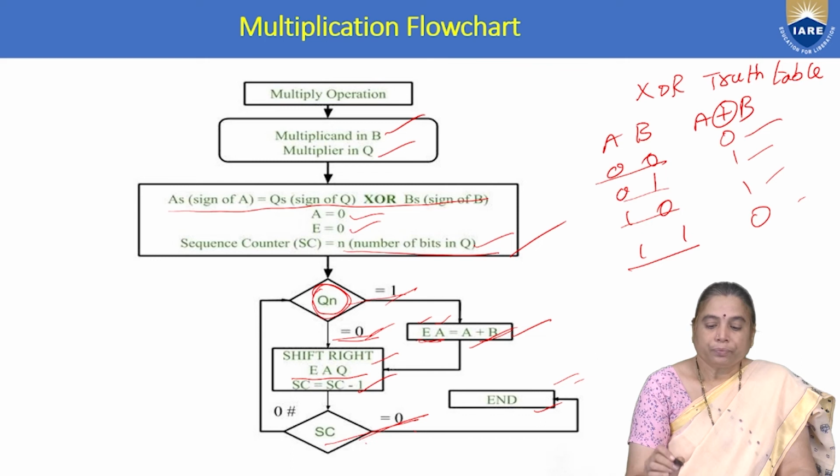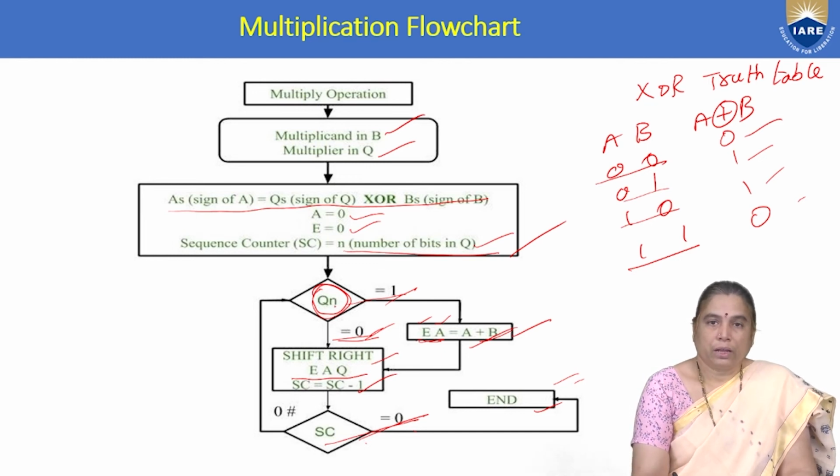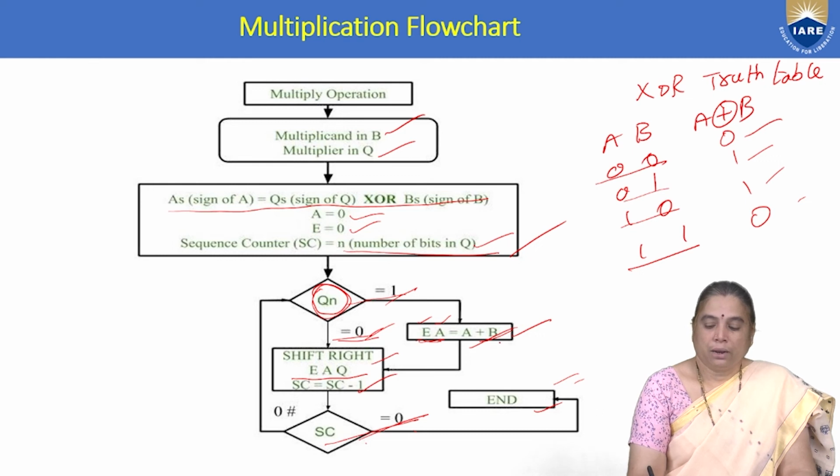And here the multiplicand can be stored in the B register, multiplier is stored in the Q register. The LSB of multiplier Qn can be taken into account and compared whether it is 0 or 1. In case of Qn is equal to 1, the addition operation, A plus B, can be performed, and the result can be stored in A and the extra flip-flop bit E.